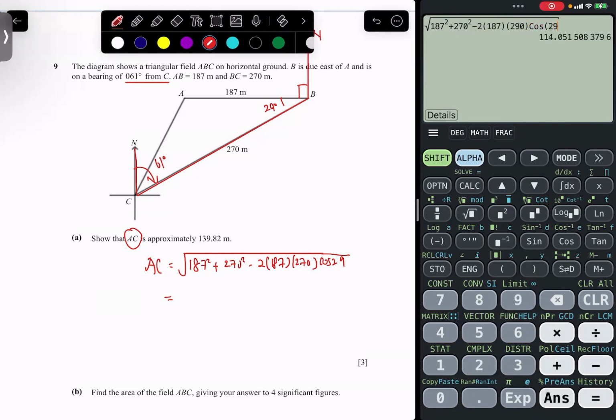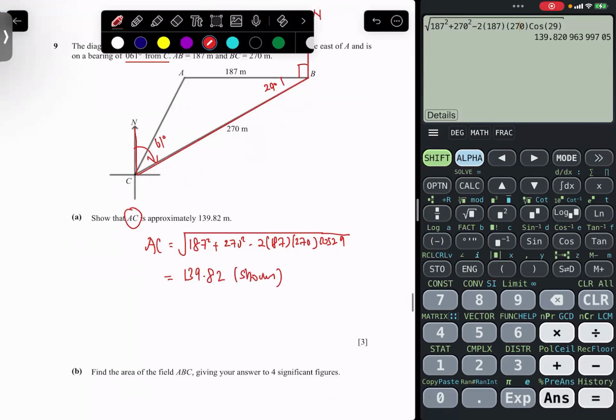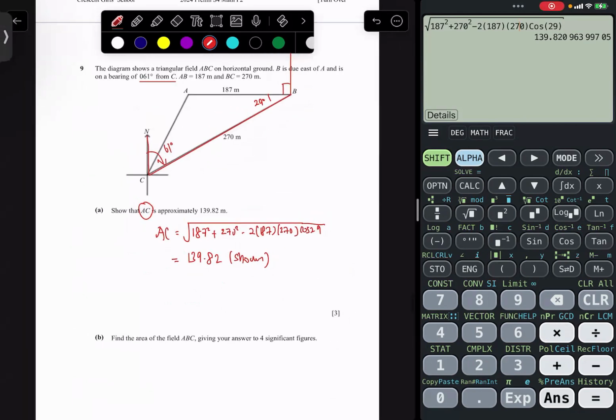Wait, 270, I wrote it wrong. So that equals 139.82. Shown.